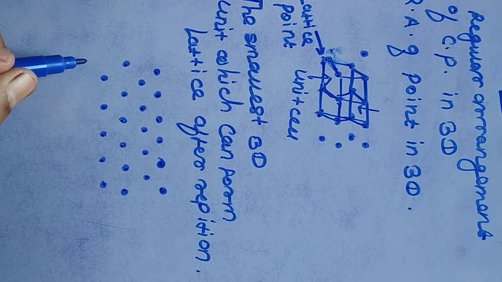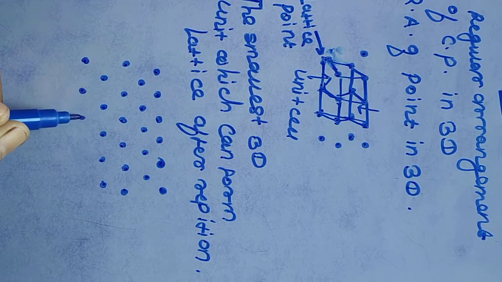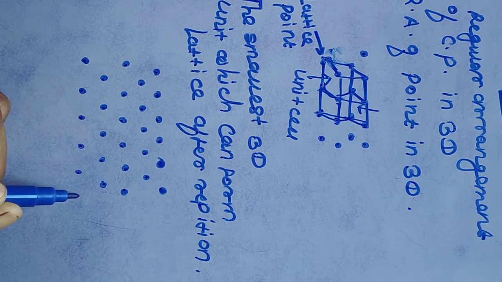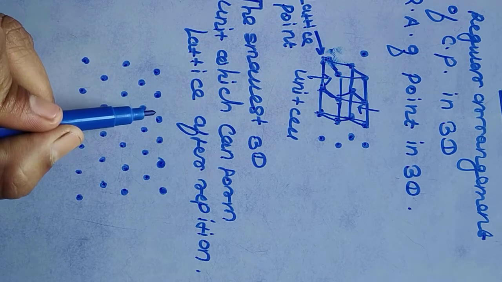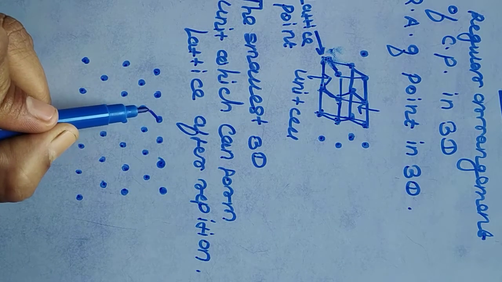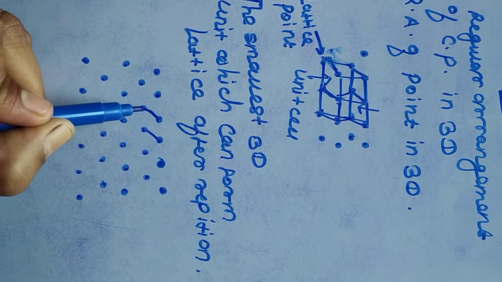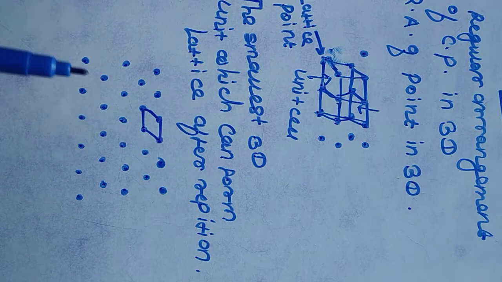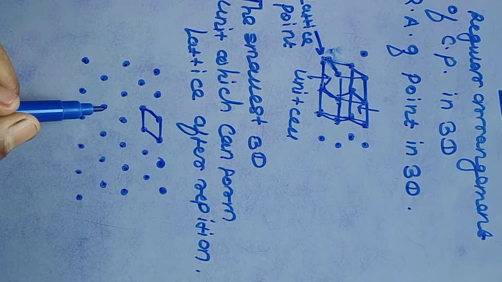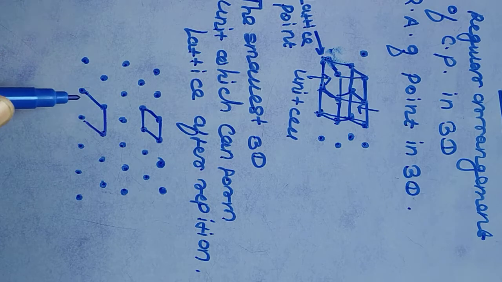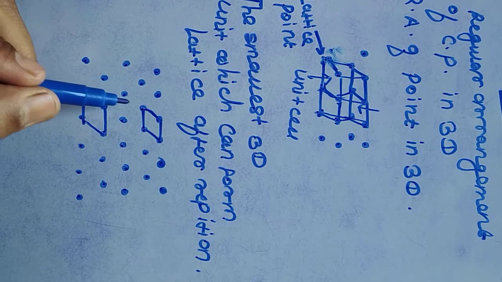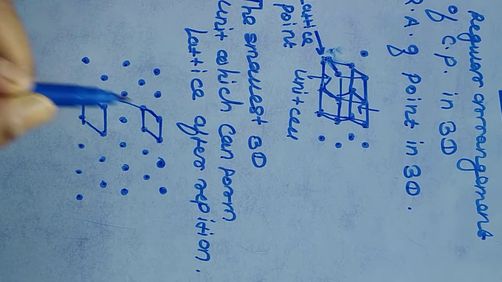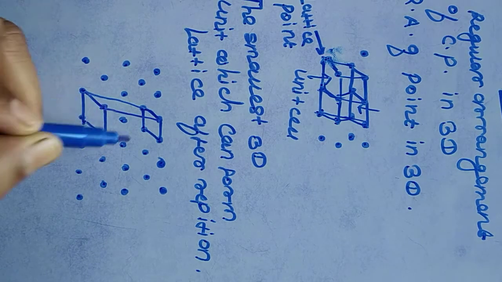So this is the 3-dimensional arrangement of that point. Okay, I can take here one, these points can join together, again here I can take these 4 points. I simply join here all corners like that.